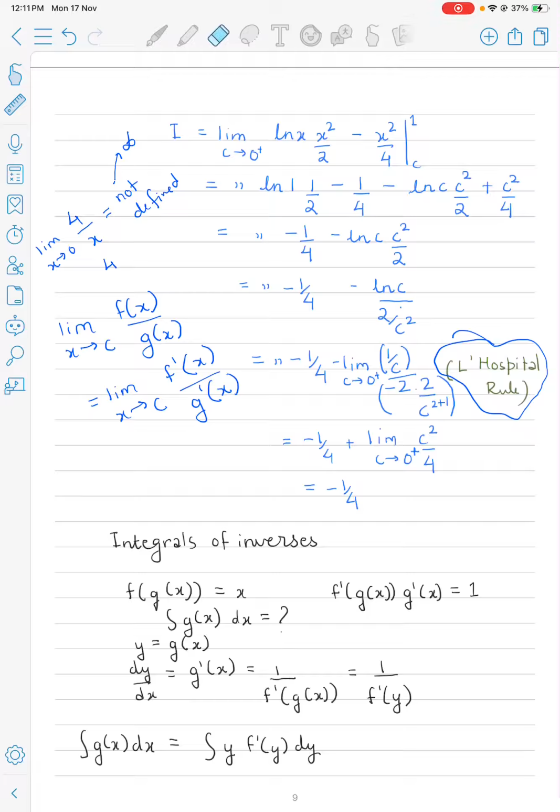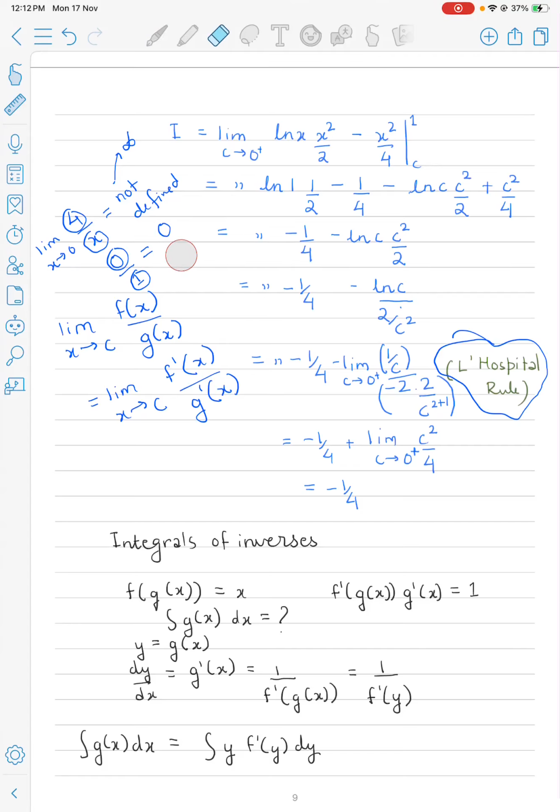But if you apply this L'Hospital rule, you'll get 0 by 1, right? And that is equal to 0. If you differentiate 4, you will get 0. If you differentiate x, you will get 1. So this one will be 0. That is going to create some problem, right?